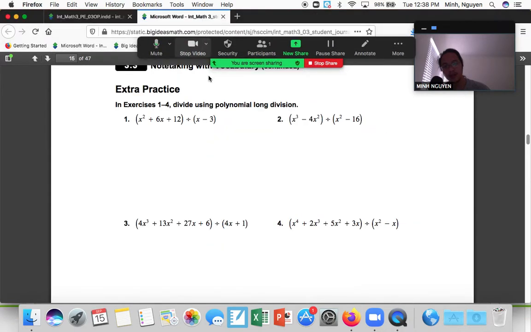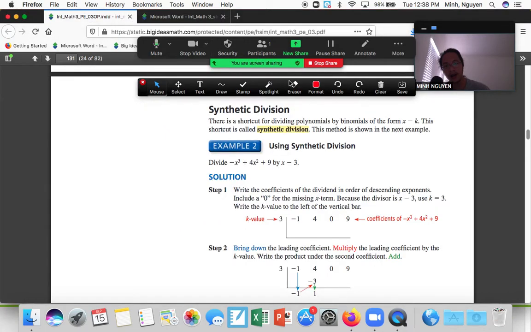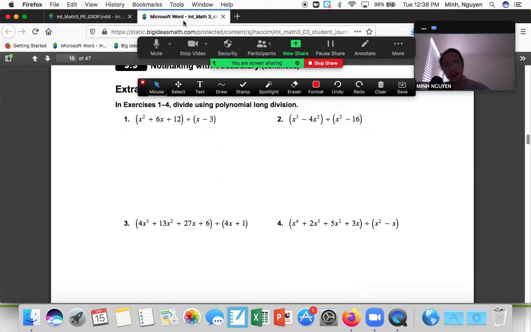Other examples, so out of these, remember, part of the shortcut is that it only works when we are dividing by binomials of the form x minus k. So on this page, this is your student journal, by the way, we can do this problem using synthetic division because we're dividing by x minus 3, but it doesn't work here, doesn't work here, it also doesn't work here.